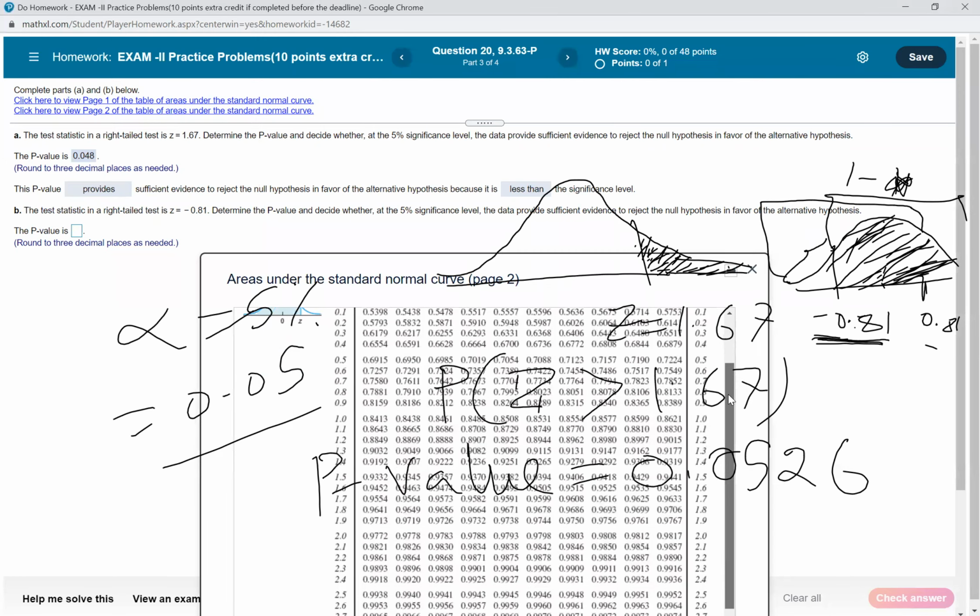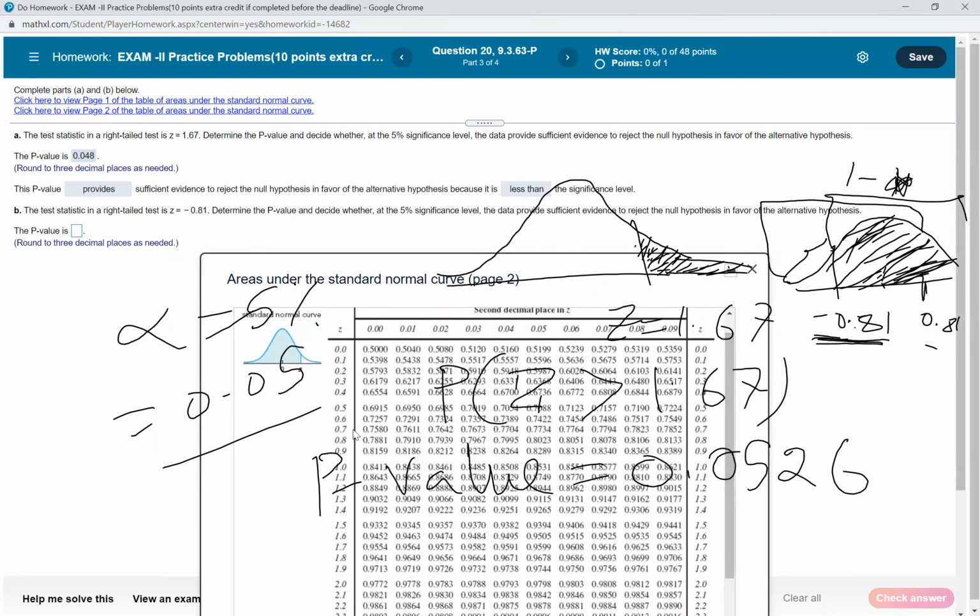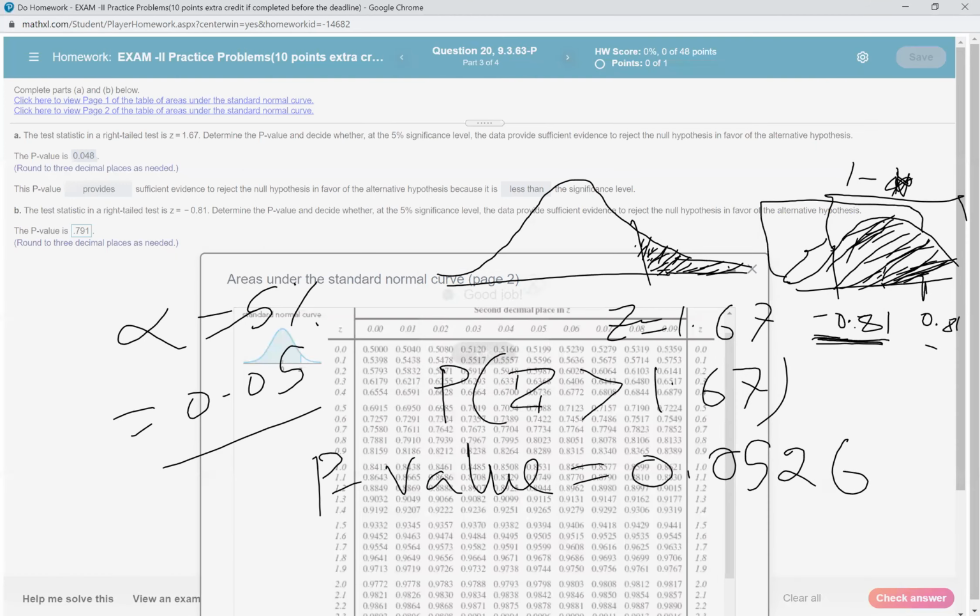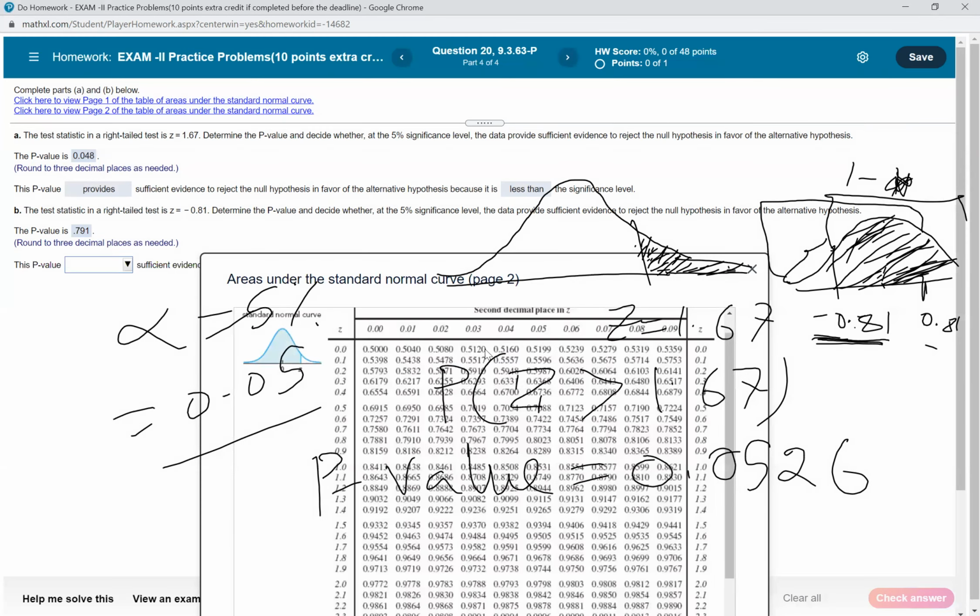Yeah, 0.8 and 1, so the area is 0.791. So the p-value is 0.791. Yeah, let me check the answer. Yeah, that's correct.